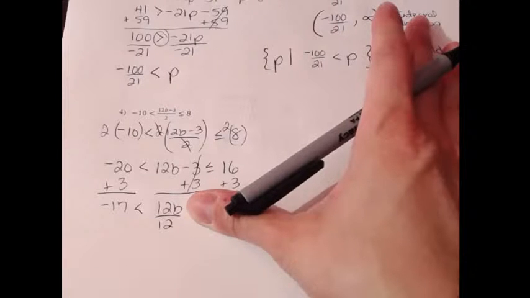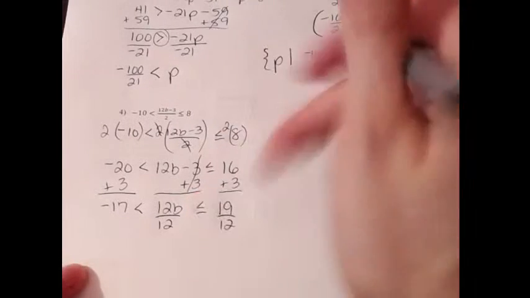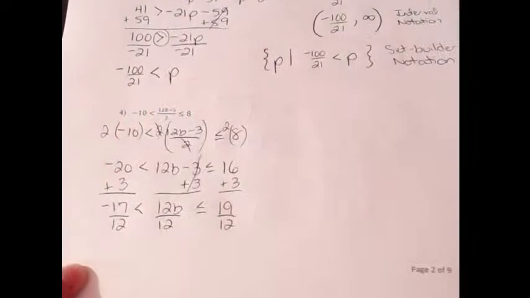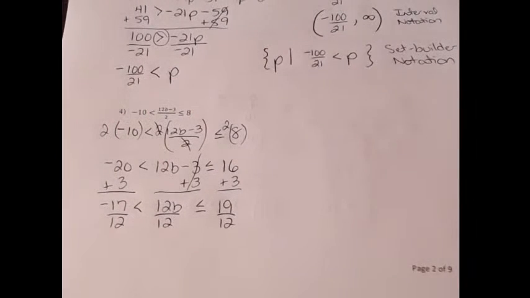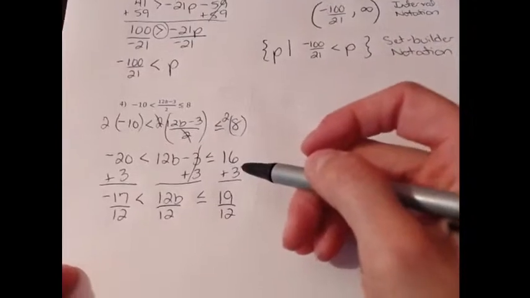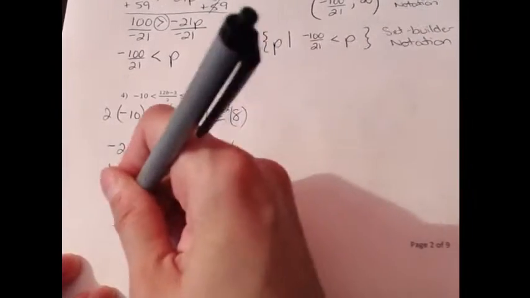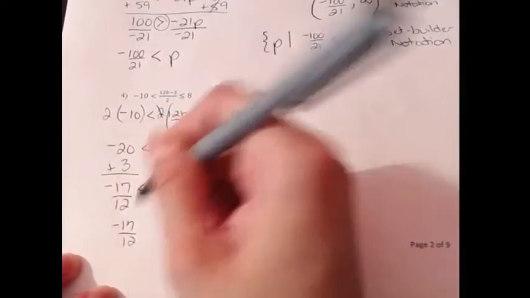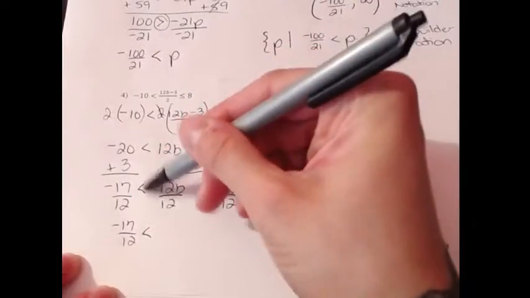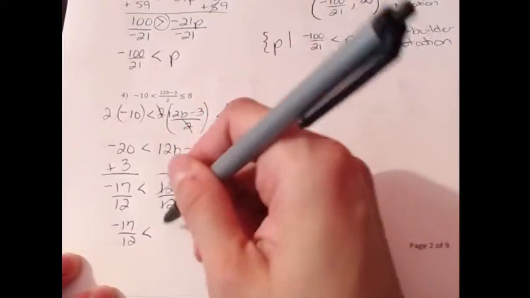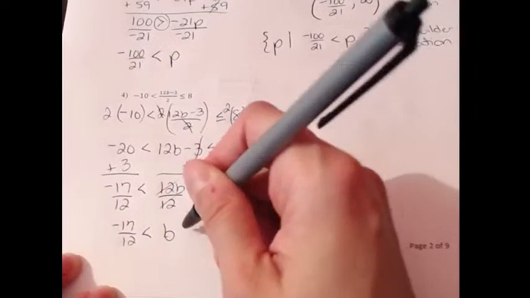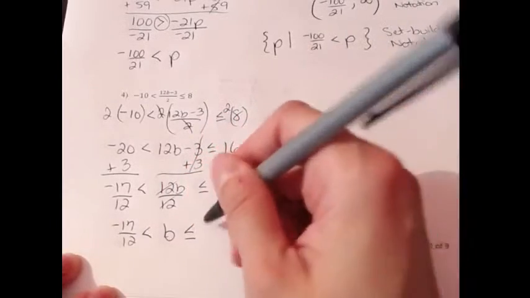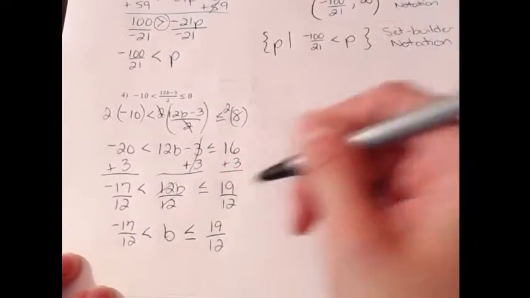If negative 17 is less than 12b, you would definitely divide both sides by 12. So that idea does not change. So we're going to write our solution. Negative 17 over 12, that doesn't reduce, is less than, make sure you bring down your symbol, b, you always need that variable in the center, is less than or equal to 19 over 12.